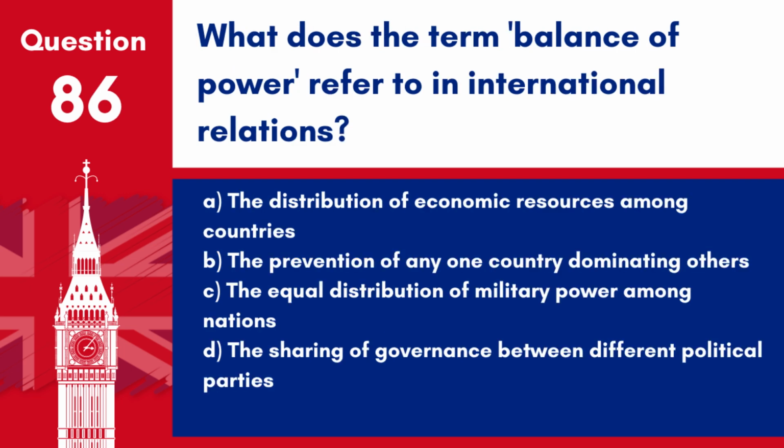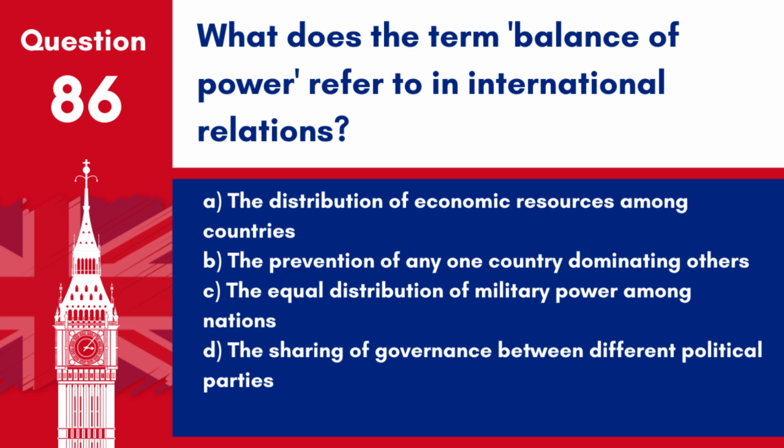Question 86. What does the term balance of power refer to in international relations? A. The distribution of economic resources among countries. B. The prevention of any one country dominating others. C. The equal distribution of military power among nations.